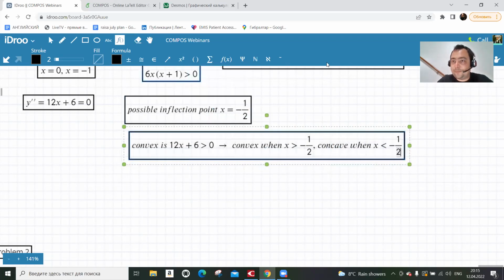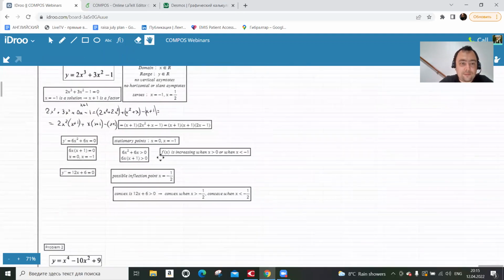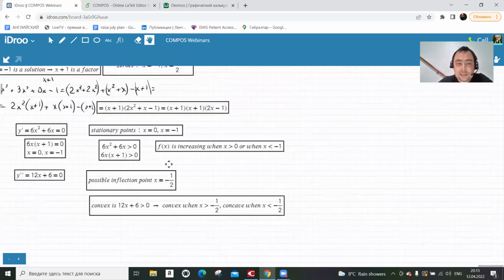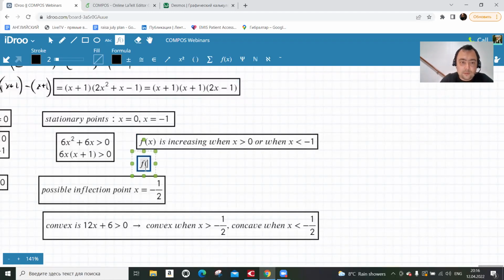Is everyone following so far? So what I did is I found the first derivative. Therefore, I found where the function has stationary points. And I found where the function is increasing. Therefore, I found where it's decreasing. I'll add it. f of x is decreasing when x is greater than -1 and less than 0.